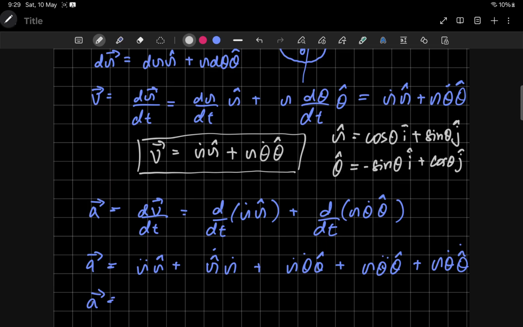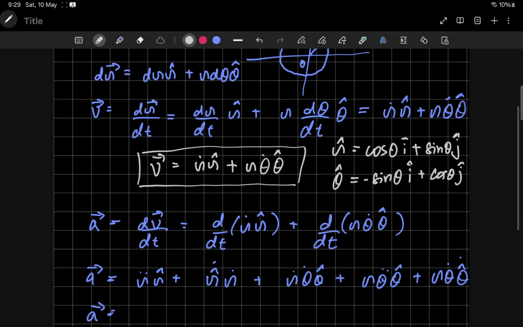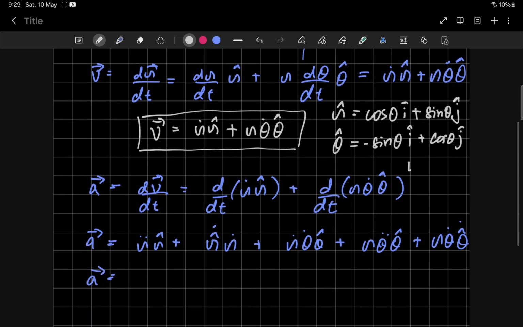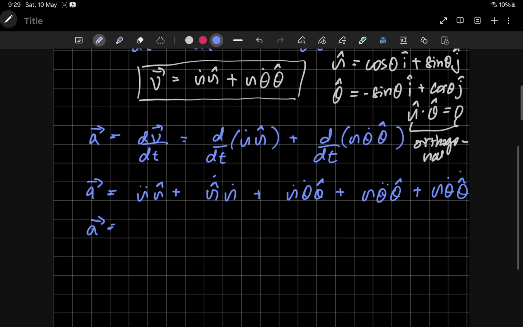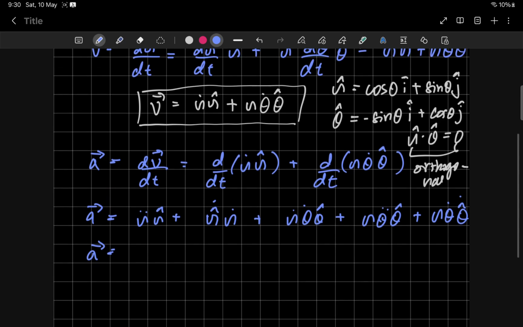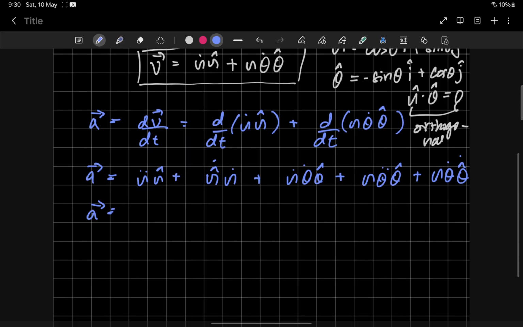You can dot the two vectors and see that the result is 0, so they are orthogonal to each other. Anyways, let's proceed.